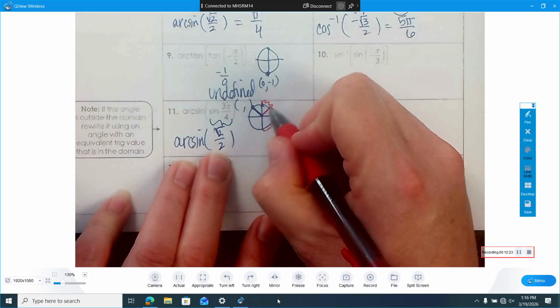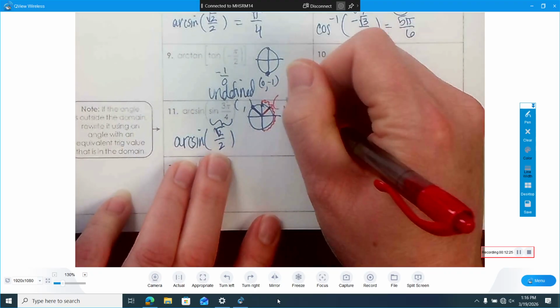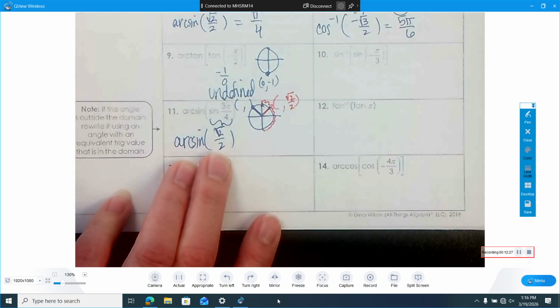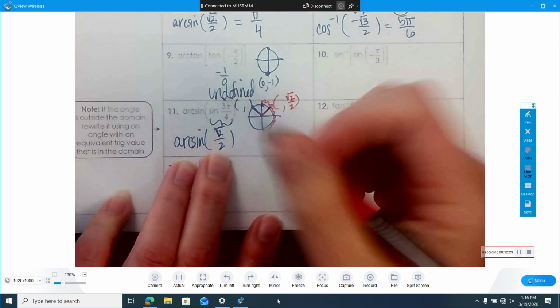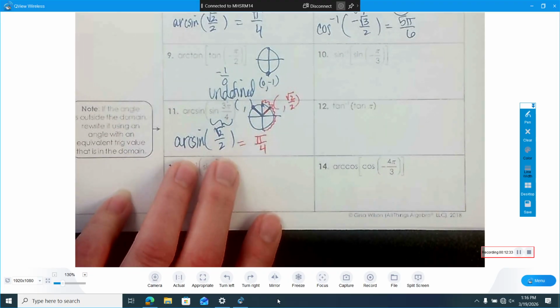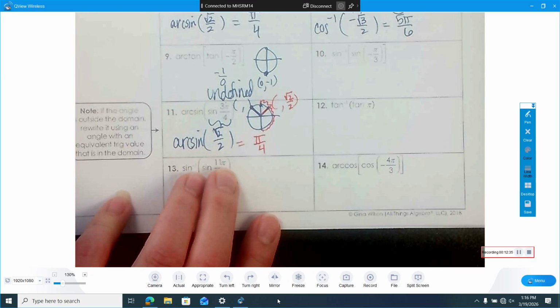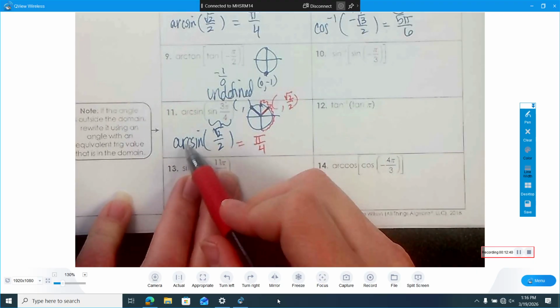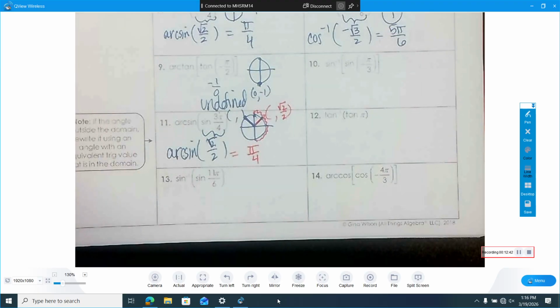So the other angle right here also has that value of root 2 over 2, and that angle is 1 pi over 4. And that's the thing that makes this challenging, okay? When we have our inverse functions, they have restrictions, so we can only look at a part of the unit circle.